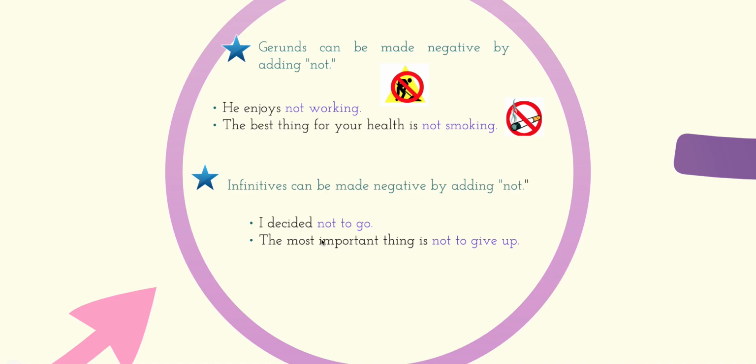After a verb, yes. In the first one, the verb that I have is decided. So as I told you, you have to add to because you have a prior verb that is decided. And what about the second one? What is the verb that I have in the second sentence?